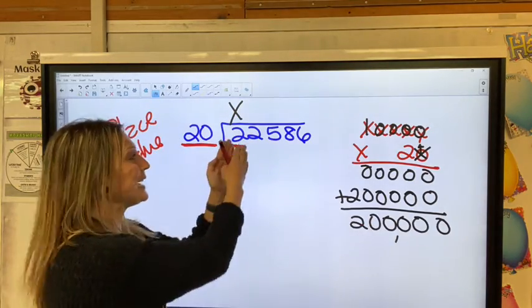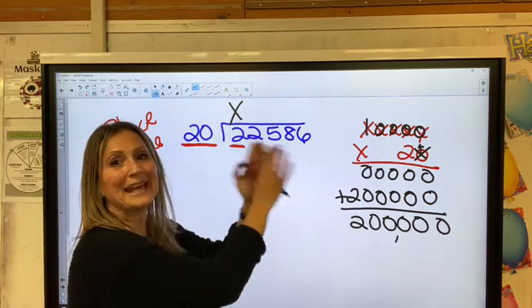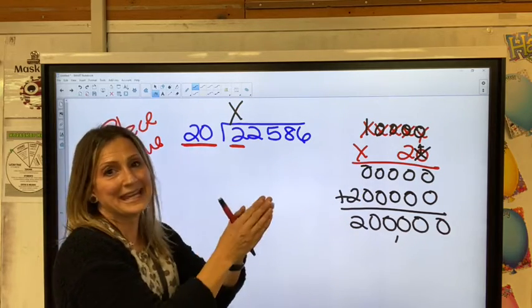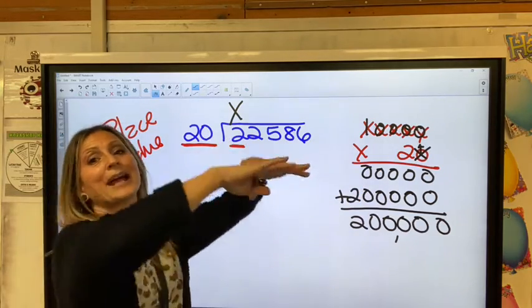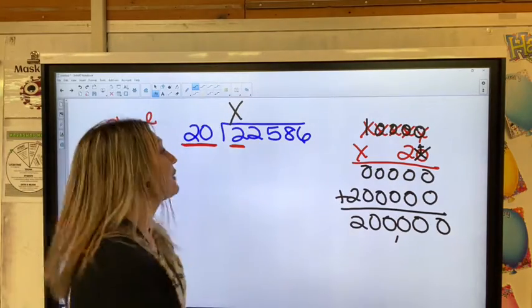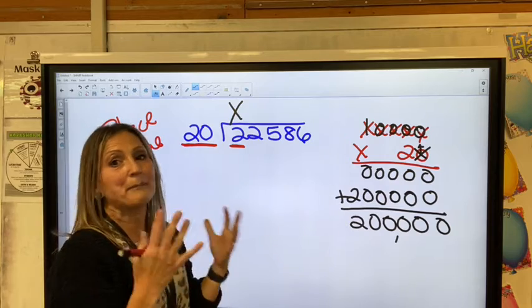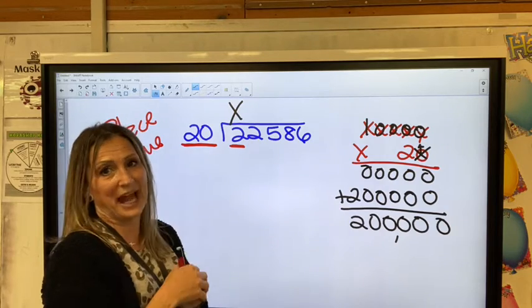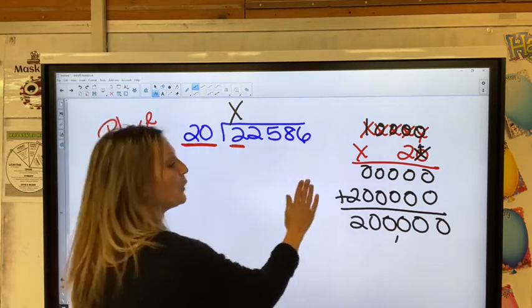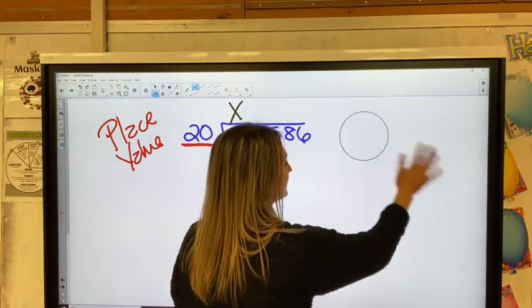So 20 can't be multiplied by anything with the number 10,000 in it, because it would give me back too big of a number, so I know that 22,586 would not be the actual dividend I would get back. So we know it's not going to be in the 10,000s.